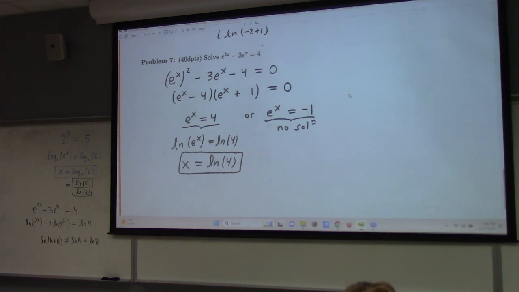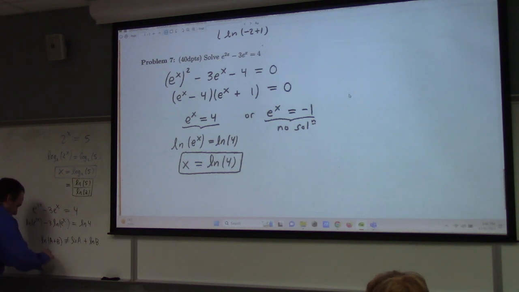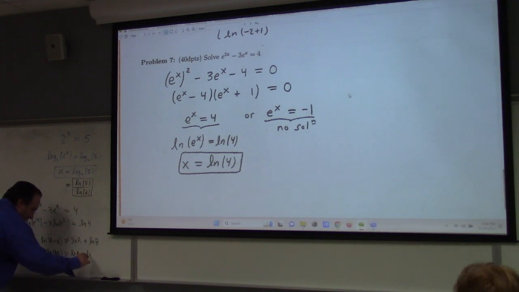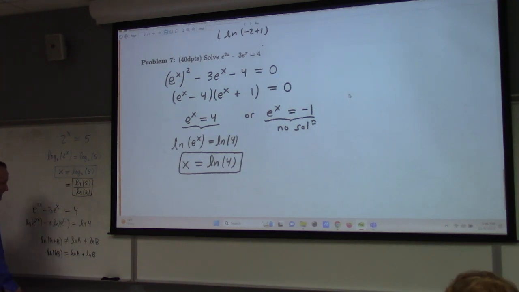It is true that the natural log of a times b is the sum of the logs, and it's easy to understand why students make this mistake, right? Because this is true, and it does look an awful lot like it, doesn't it? But there is a very large difference between a product inside the natural log and a sum inside the natural log.